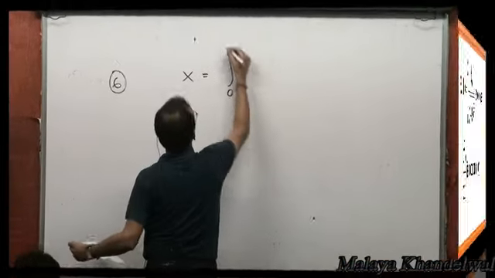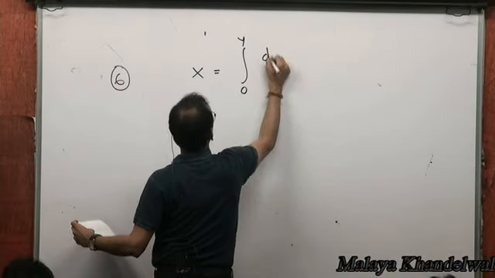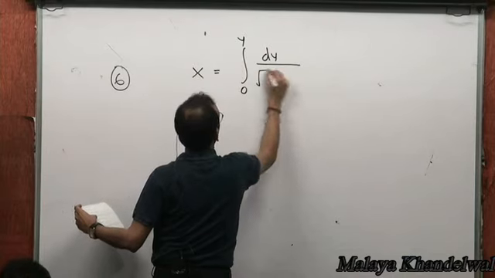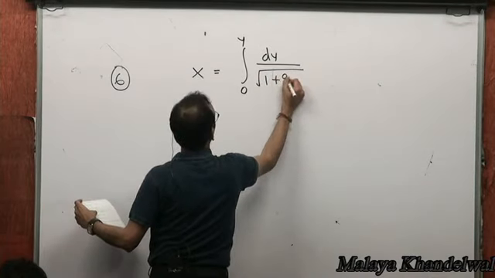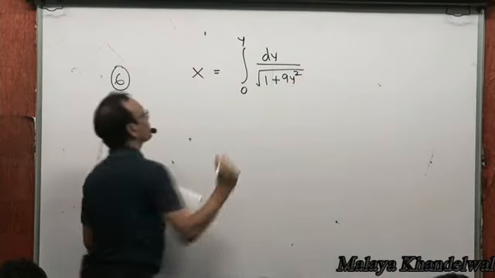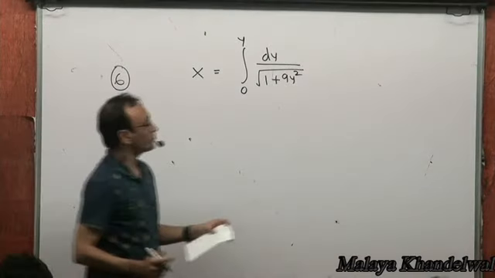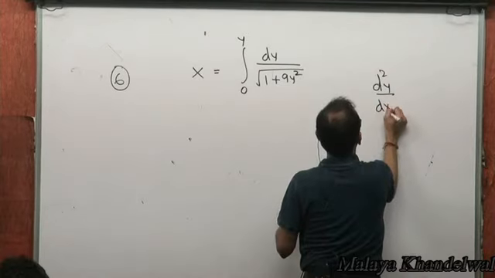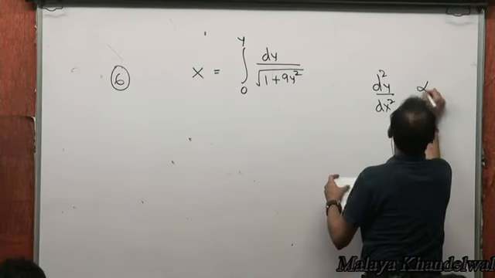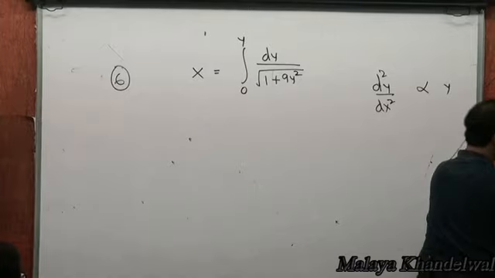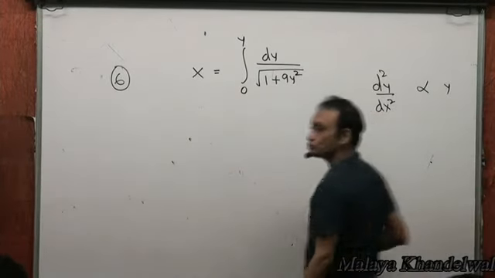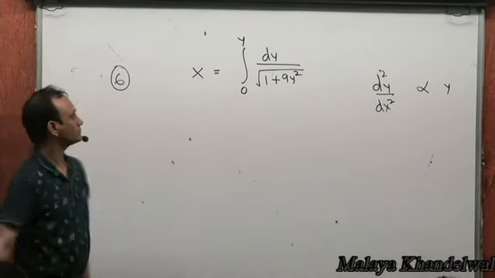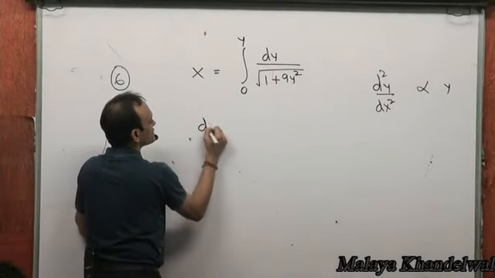We want to show d2y by dx2 is proportional to y. We want to establish that d2y dx2 is proportional to y. Now what is dx by dy?